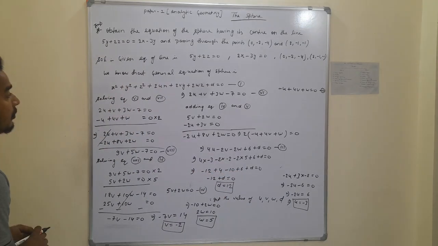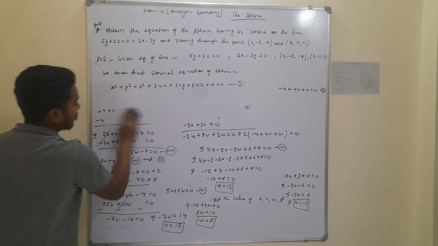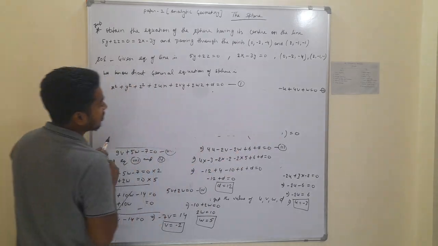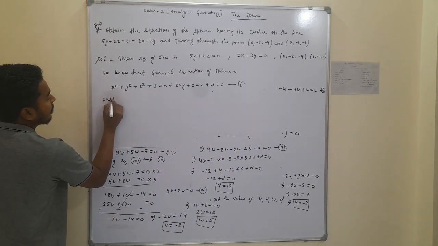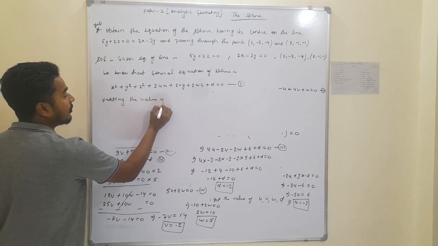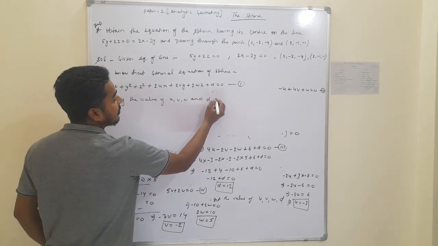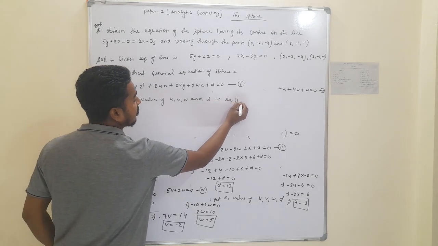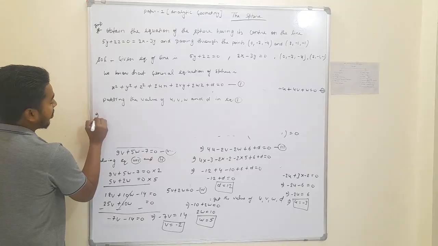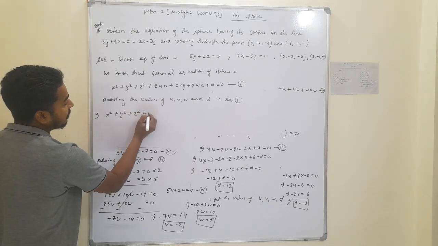Putting the values of u, v, w and d in equation 1, we get the required equation of a sphere. So we put in here x square plus of y square plus of z square plus of 2.